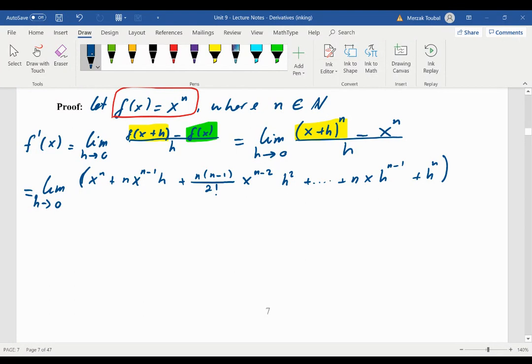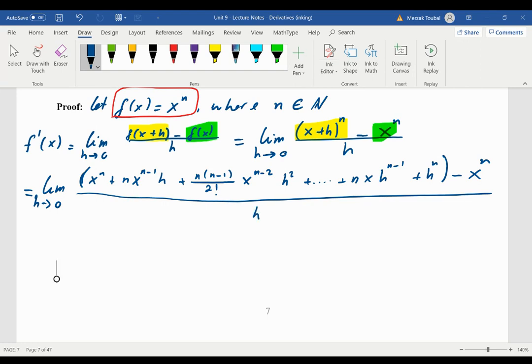Let's not forget minus x to the power of n. This is all divided by h.